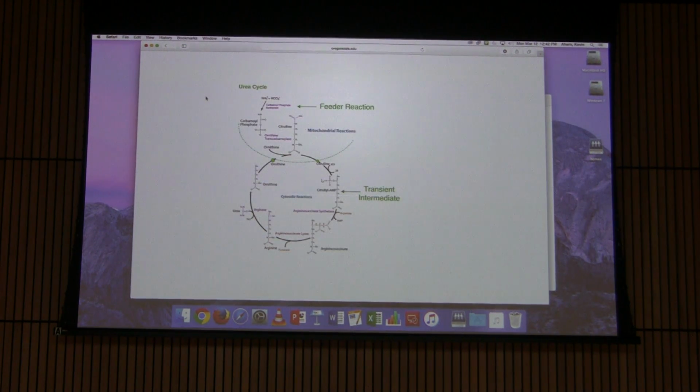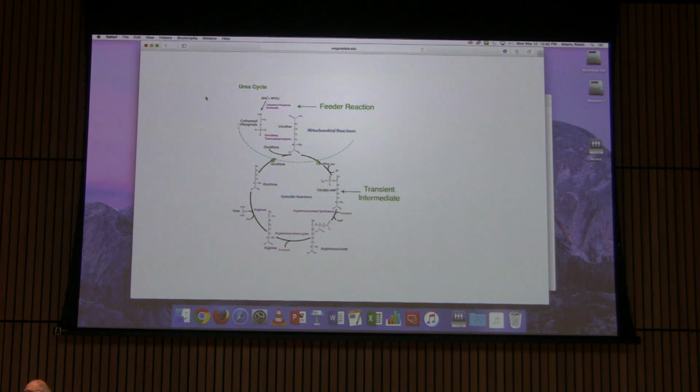Okay, instead of going through the individual reactions, which I'm not going to do, and I'm not holding you responsible for, let me just summarize some of the highlights of what I've just told you. The urea cycle is a way of incorporating free ammonium and amine nitrogen to making urea. It's essential for ureotelic organisms to be able to excrete urea, and the urea is made by splitting arginine using the enzyme arginase.